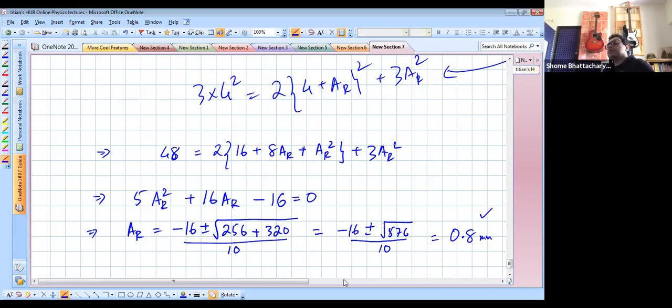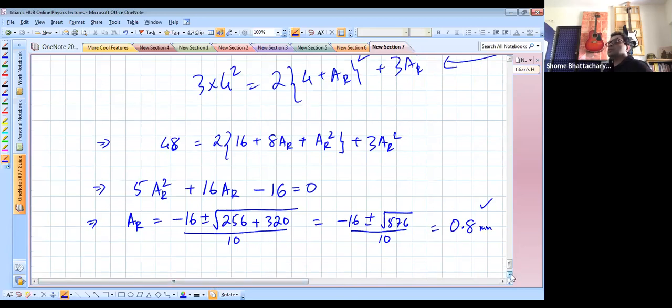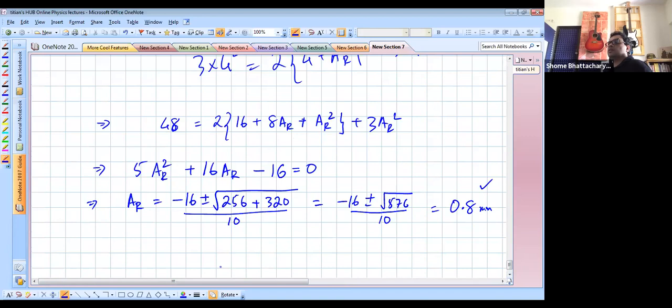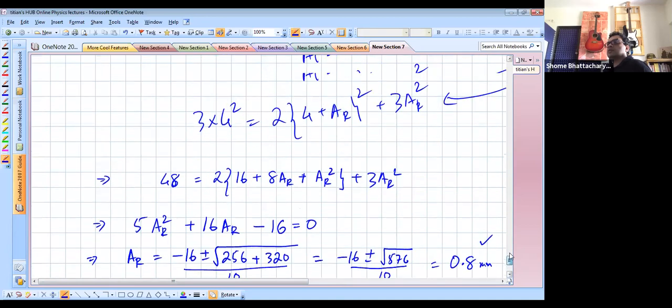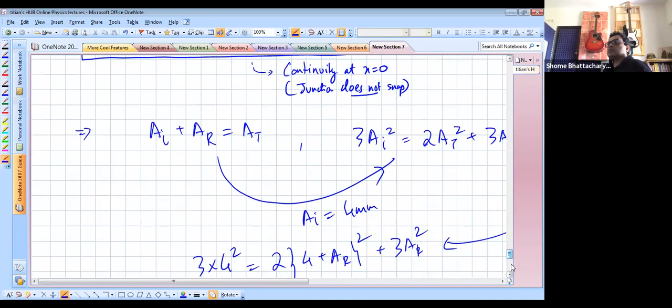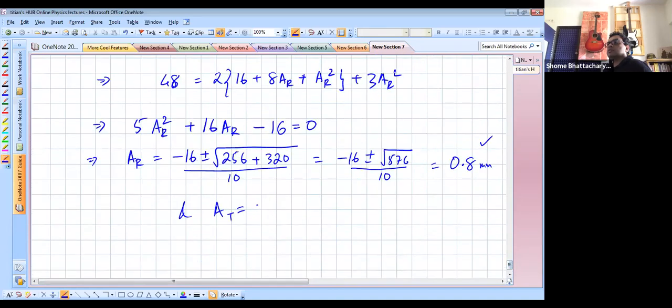So we will not be taking the negative root because amplitude is a mod quantity. So we will avoid the negative root altogether. And then going back there, the transmission amplitude becomes the sum of this and this.